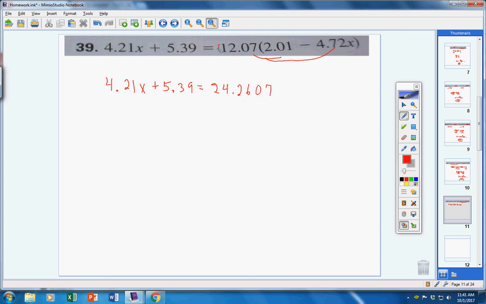A positive times a negative is a negative. 12.07 times 4.72 gives you 56.9704x. Okay, next, move your variable terms to one side and your constant terms to the other.